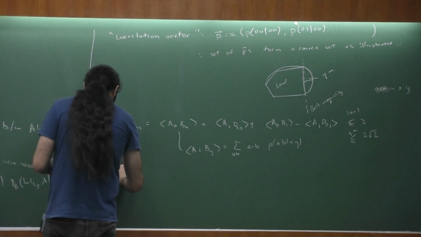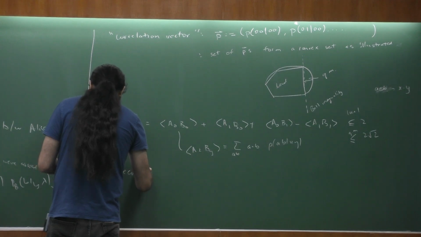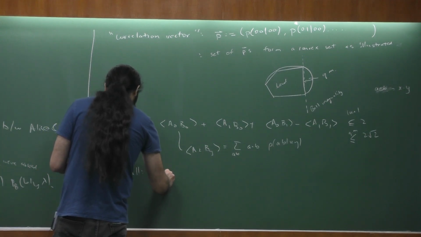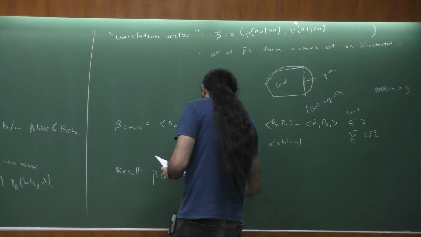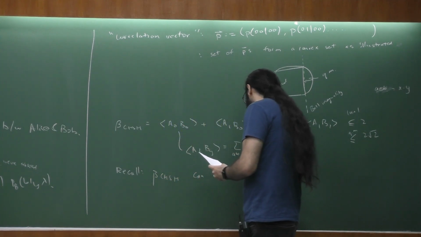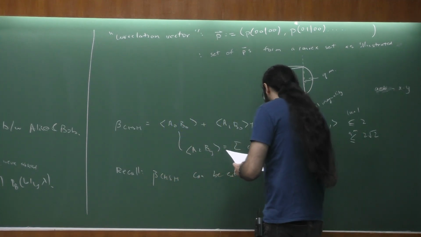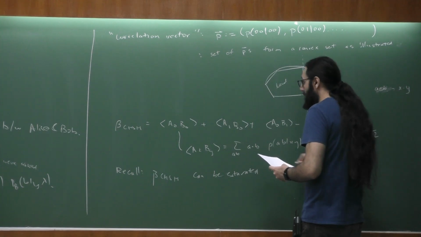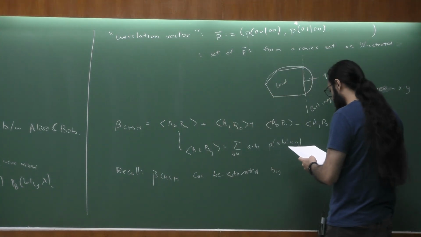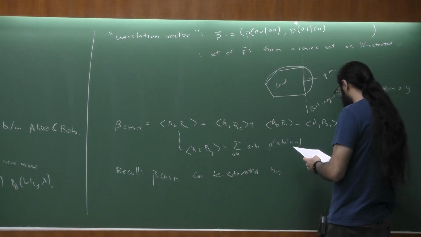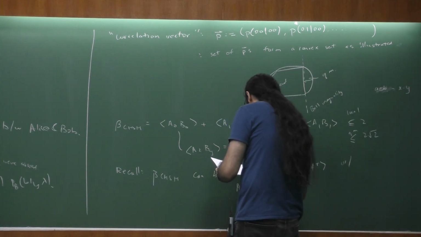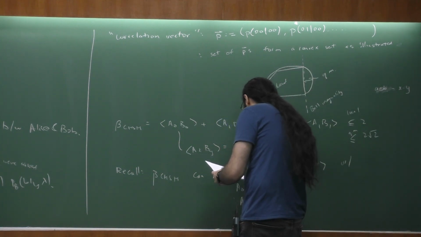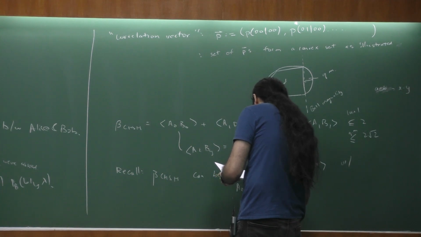And then we also recall the way we saturated this. So this can be saturated by the phi plus state that we wrote over there, which is just the maximally entangled state, the simplest maximally entangled state, and then A0 being sigma x, A1 being sigma z.